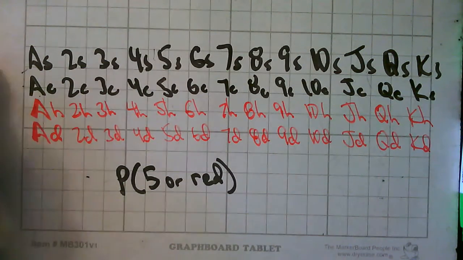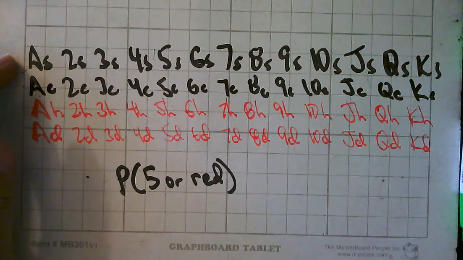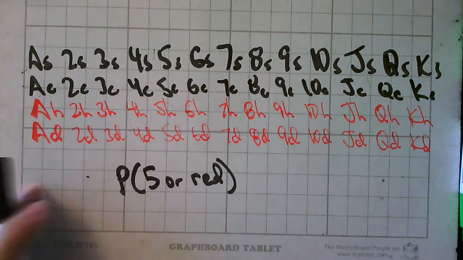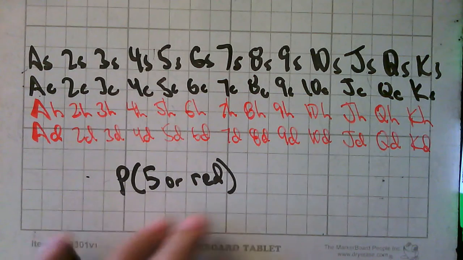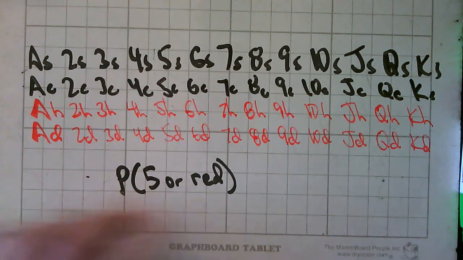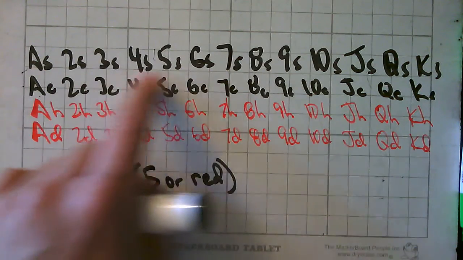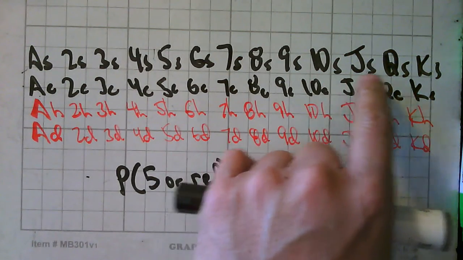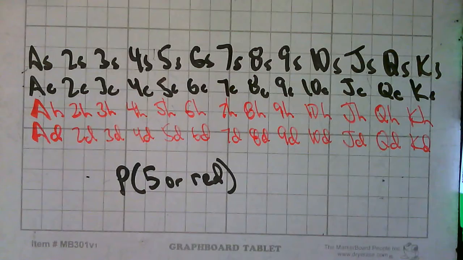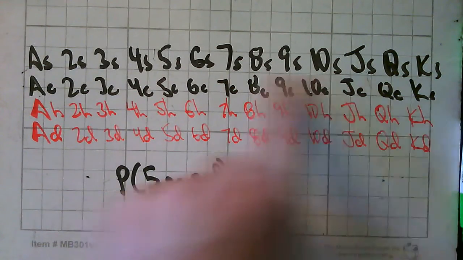All right, here's a standard 52 deck of cards, and I'm going to look for the probability of a 5 or a red card, right? In your 52 card deck, you have ace as a 1, 2 through 10, jack, queen, and king. These are all spades.